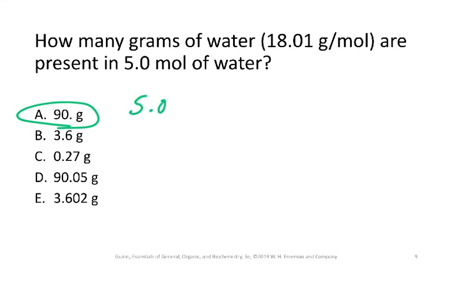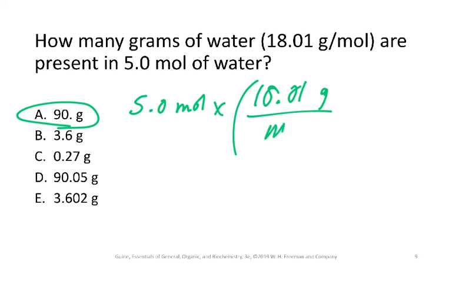So 5 moles times the molar mass, 18.01 grams per mole. And 2 sig figs would be the rounding because 5.0 has 2. So 90 with the dot means 90 with 2 sig figs.